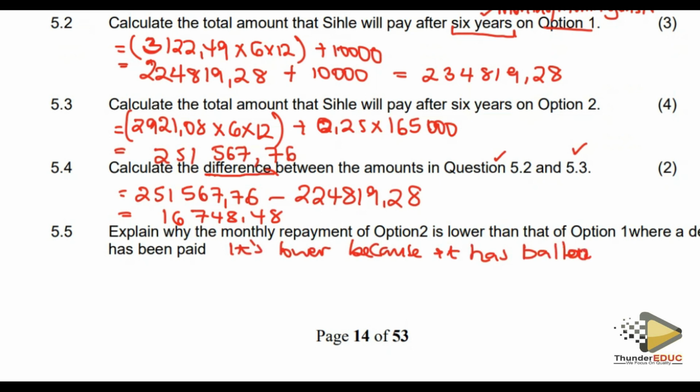Just the balloon payment. It's lower. The person has the balloon payment.